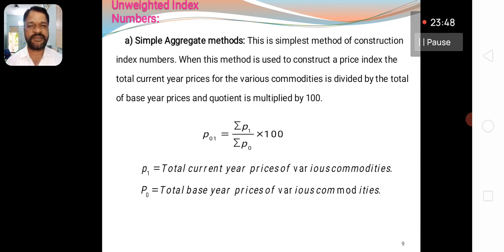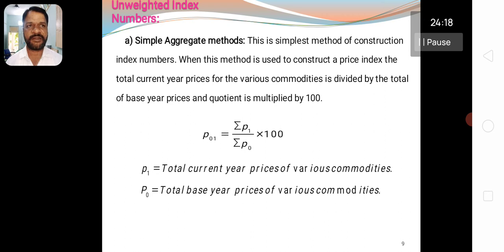It means the current year prices of all the commodities, A, B, C, D, should be taken. The current year, for example 2021, has prices given in your problem. It is indicated by P1, where P1 means the price of the current year, and 1 indicates the current year figure.